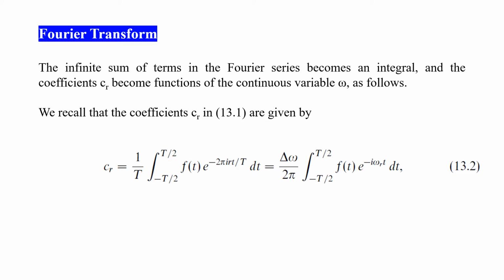This can be rewritten as Δω/2π times the integral of f(t) e^(-iω_r t) dt from -T/2 to T/2, where we have the integral in two alternative forms, and for convenience made one period run from -T/2 to +T/2 rather than from 0 to T.